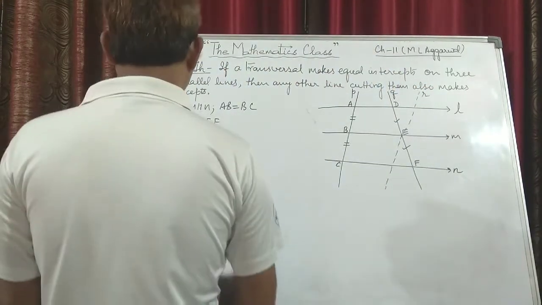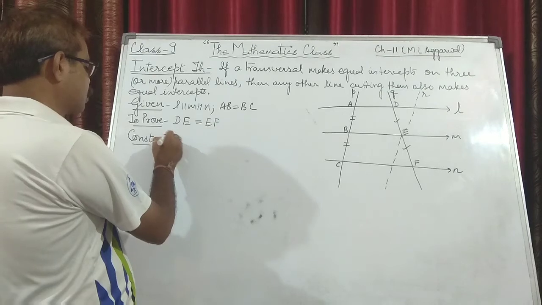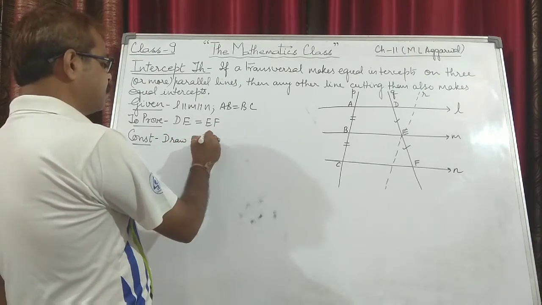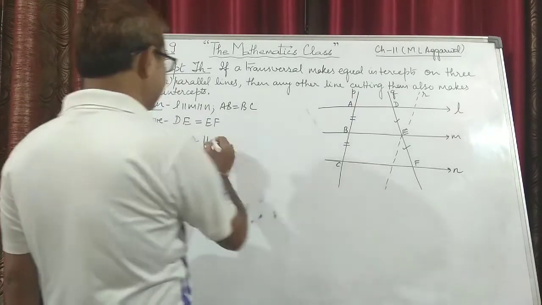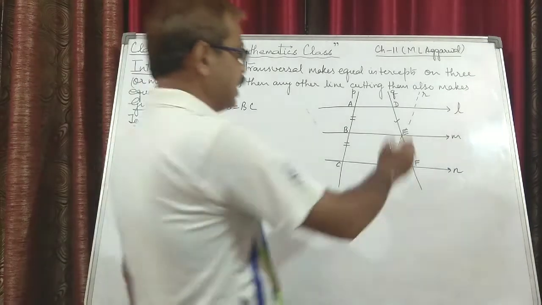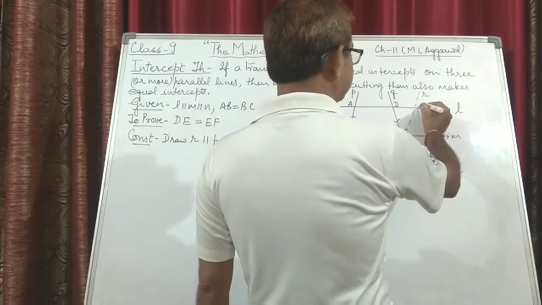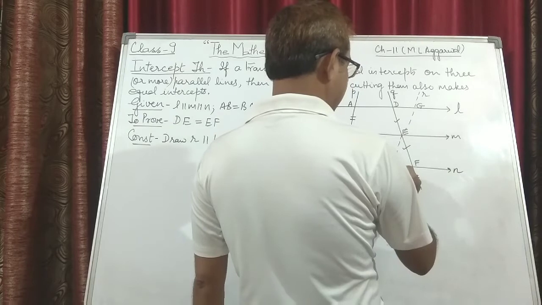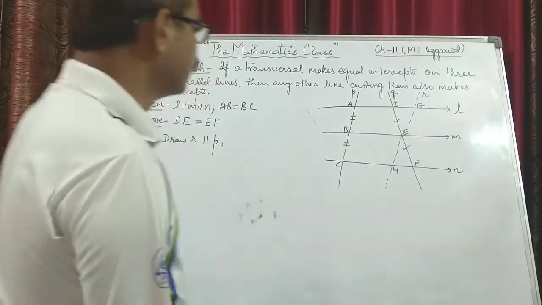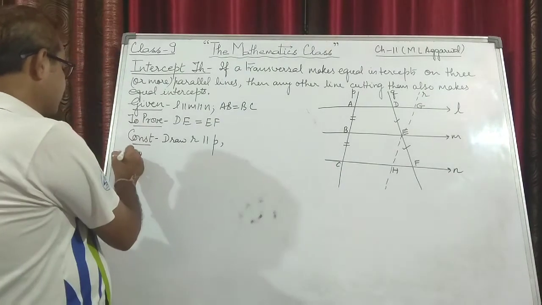So what I have done, construction, draw GH parallel to P line, which intersects L at G and N at H. Now we'll move on to the proof.